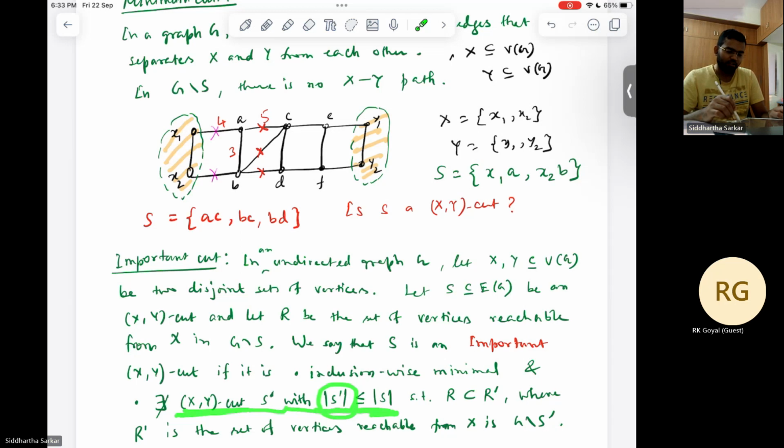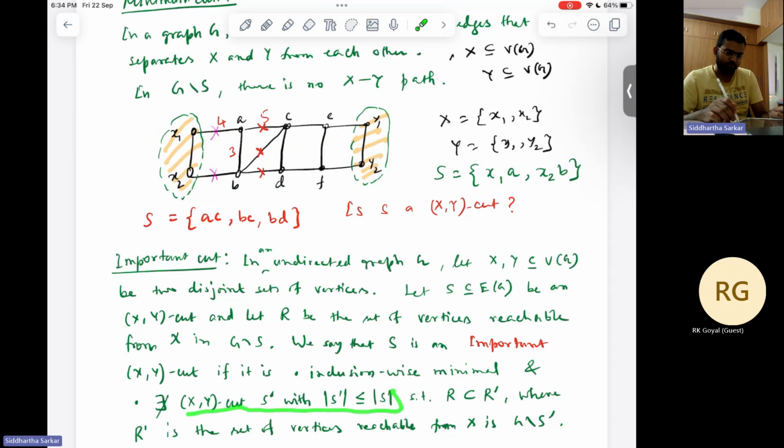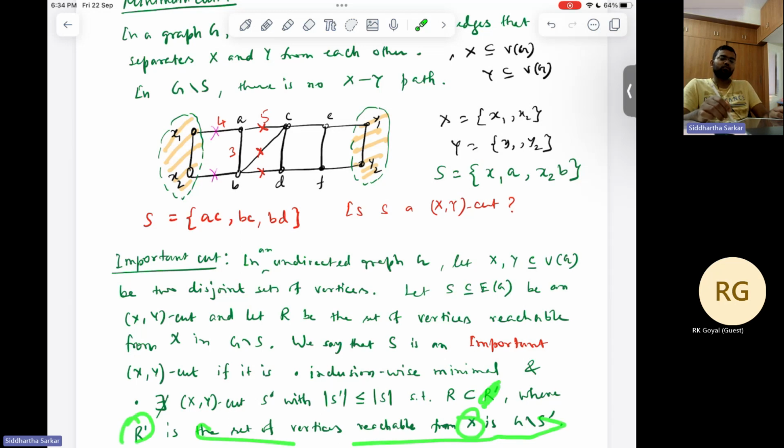Fewer is not possible, we already said, because there are two disjoint paths connecting two vertices from X and Y. So let us seek an XY cut S' with two edges, such that R' is the set of vertices reachable from X in G minus S', and R' is also a superset of R. Does there exist such a cut?